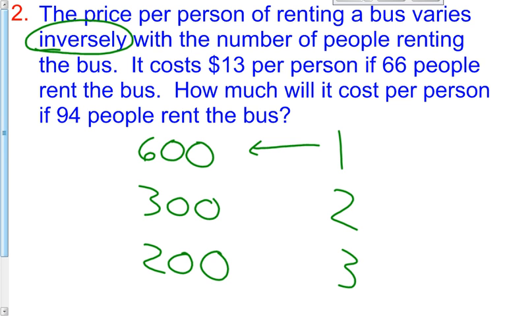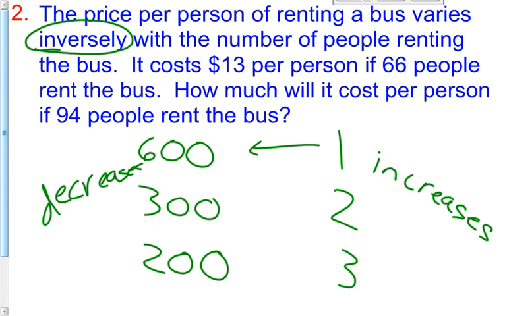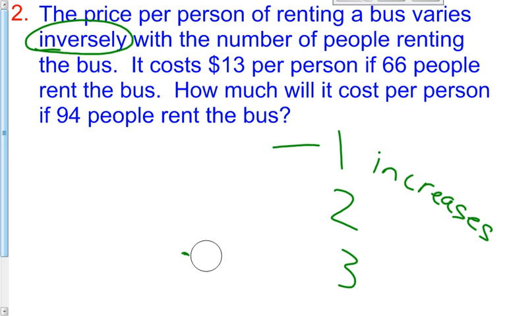Can you see how as one quantity increases from 1 to 2 to 3, the other one decreases from 600 to 300 to 200, and so on and so forth? So this is a very typical example of an inverse relation type problem.